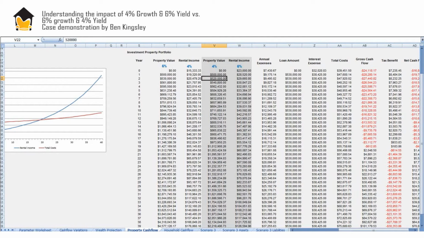In fact, if we look at 20 years from now, this property is worth 1.5 million, and if this property only grows at 4%, we can see that this property is worth just over $1 million. So there's almost a $500,000 variance in regards to your wealth position.